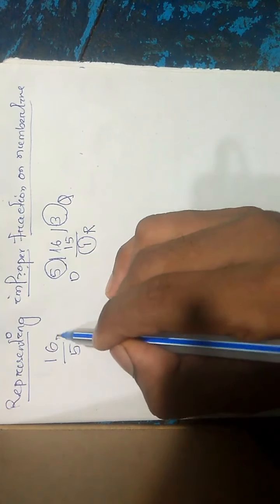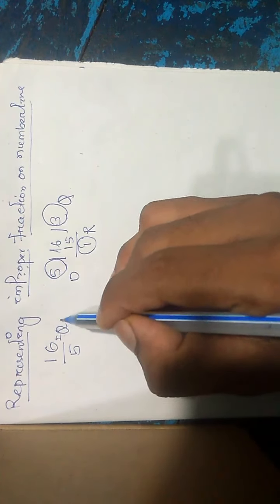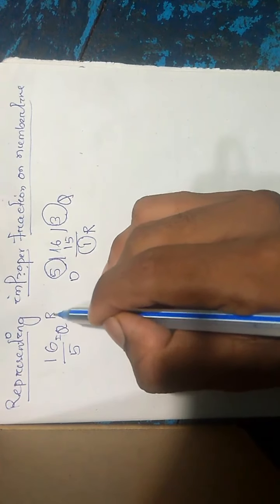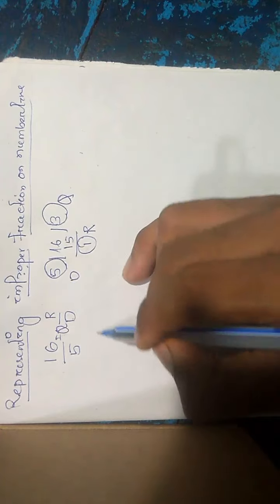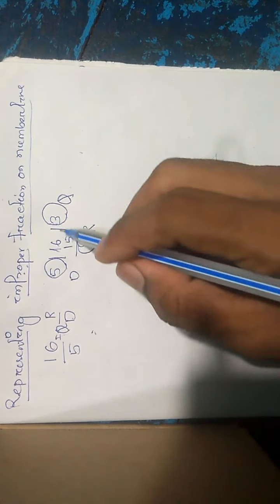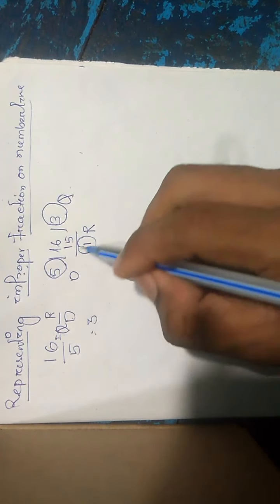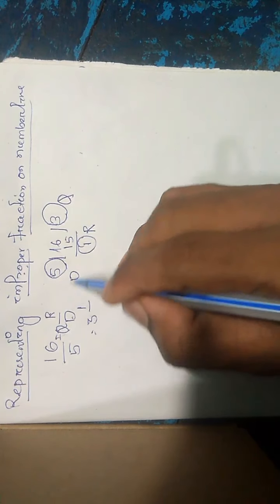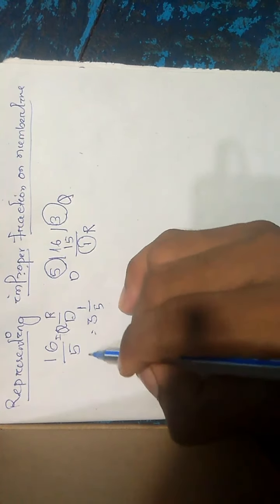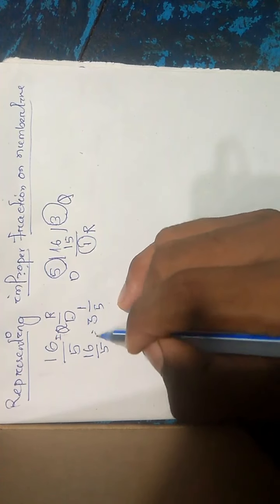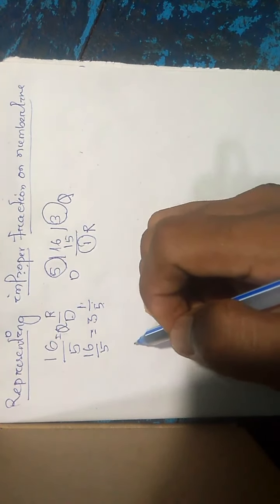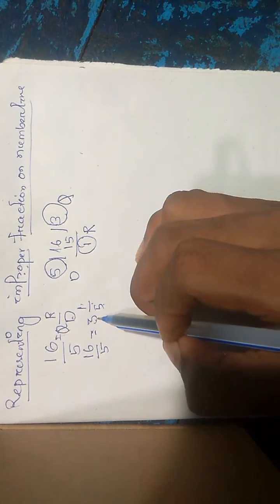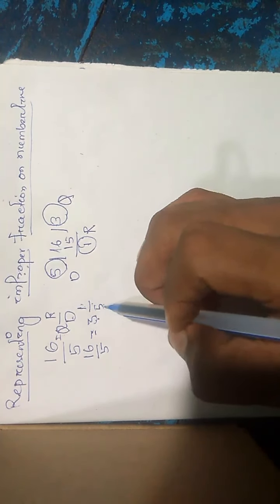So Q is 3, R is 1, and D is 5. Hence 16 by 5 is equal to 3 whole 1 by 5. It is read as 3 whole 1 by 5.